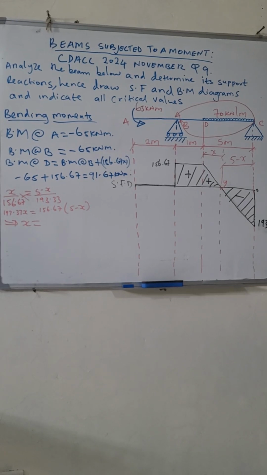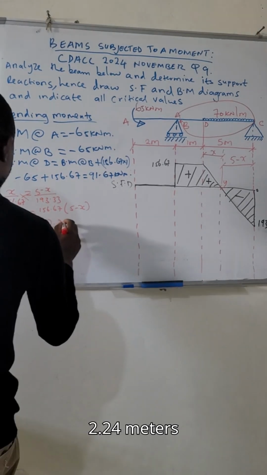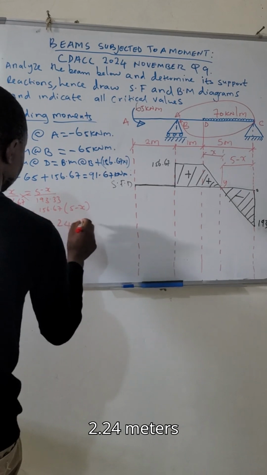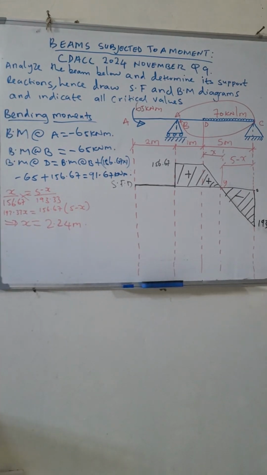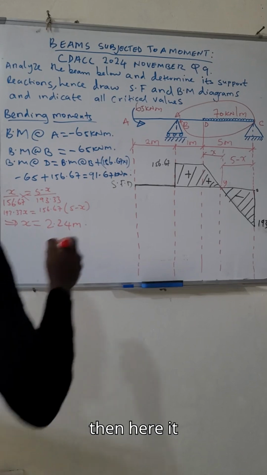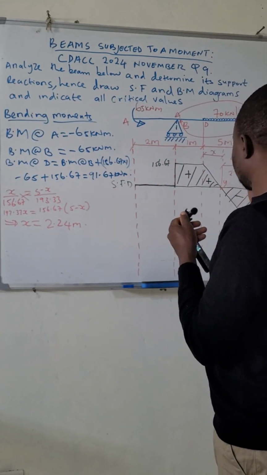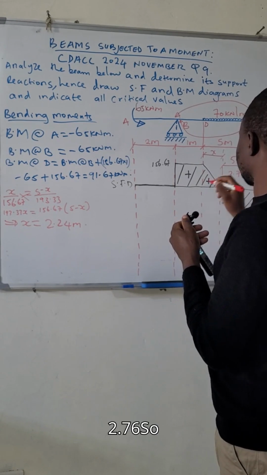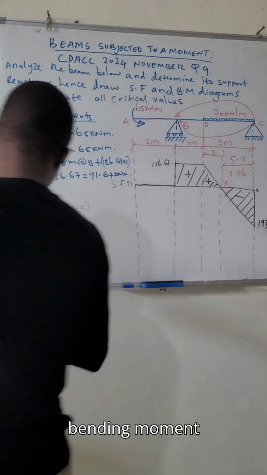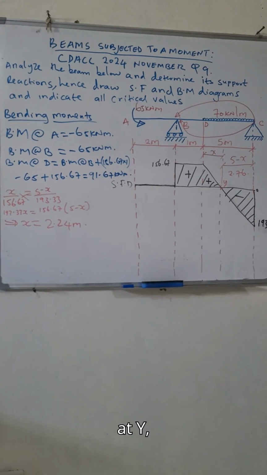So 2.24 meters. So that is the value of x. And then here it will be 2.76.